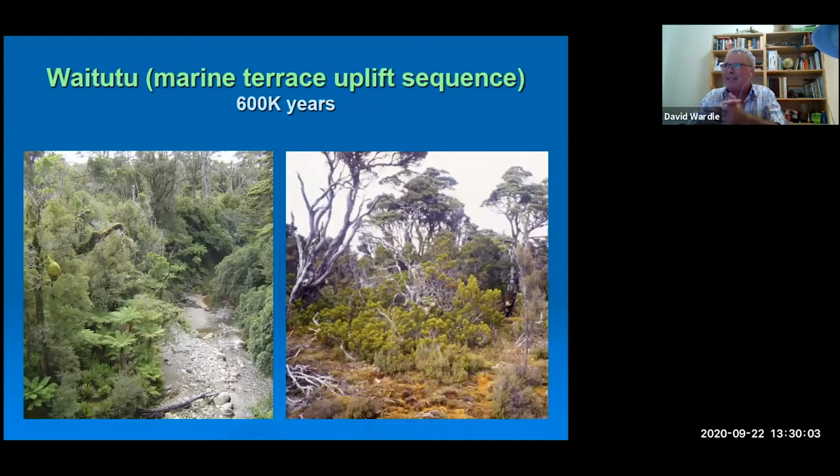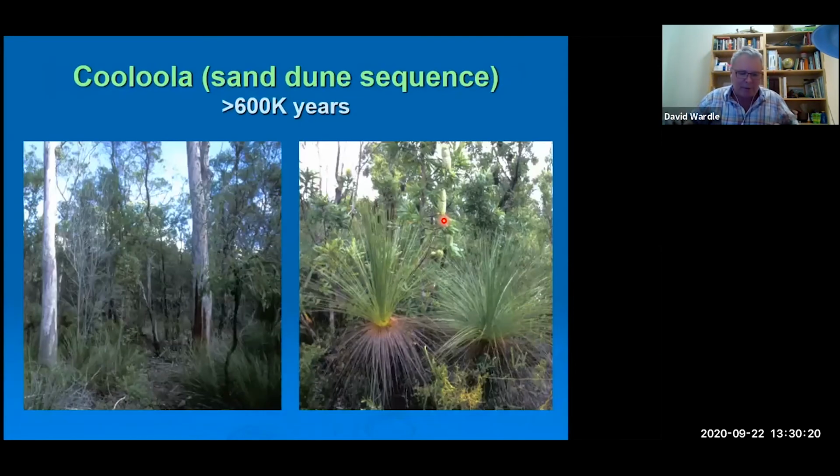The Waitutu marine terrace system in southern New Zealand, surfaces of different age caused by uplift of land from the ocean, young surfaces, high biomass. After 500,000 years, the soil struggles to maintain a forest. And two subtropical examples, the Cooloola sand dune system in Queensland, Australia, just opposite Fraser Island, surfaces of different ages caused by aeolian movement of sand, young surfaces, high biomass, old surfaces, much less biomass.